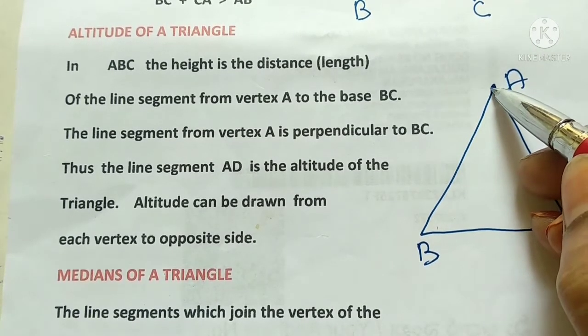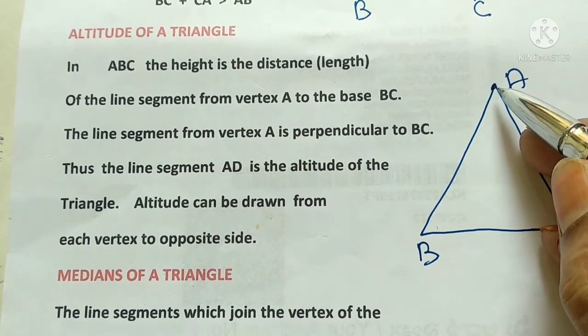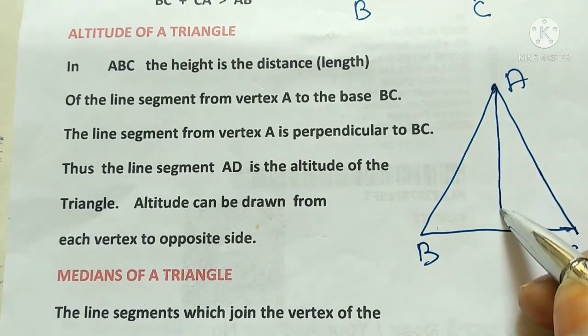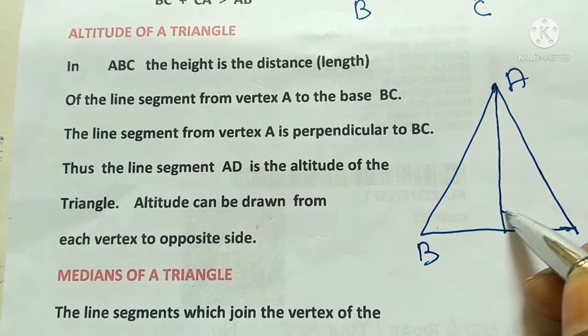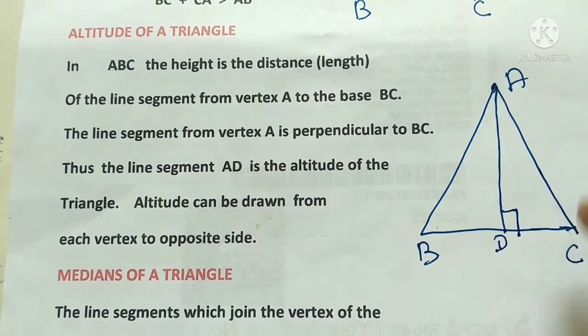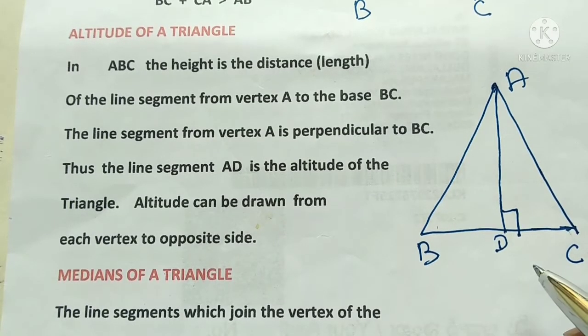A is the vertex and BC is opposite to the vertex A. If you draw a perpendicular from A to BC, perpendicular means the angle is 90 degrees, then AD is called the altitude of this triangle. The line segment AD is the altitude of this triangle.